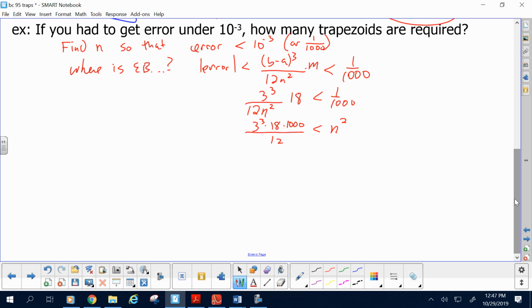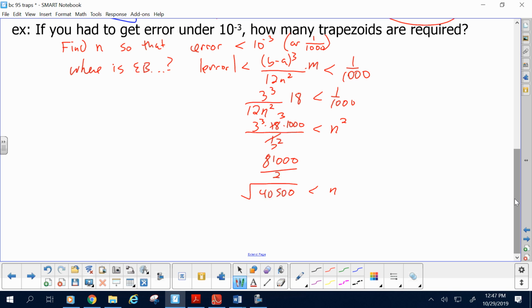Cool? All right then. If you slap that in your calculator or clean this up and then slap it in your calculator, whatever you prefer, what do we got there? Something like 81,000 over 2, or 40,500, square rooted. So, what is that? 20 times 10, 200-ish. It's probably 200-ish.